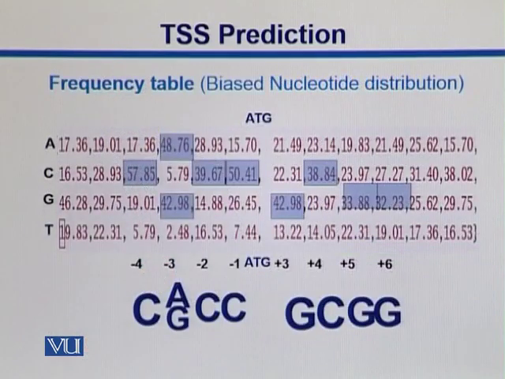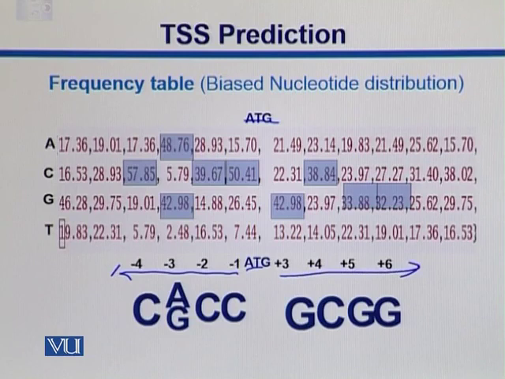Based upon the equation we have seen in the previous slide, we can come up with a frequency table of the neighbors around this ATG. We have ATG in the middle, and we have their neighbors. Before this ATG, we have numbers indicating what was before it: -1, -2, -3 and -4 locations. In the same way we have plus numbers, which indicate the positions we call downstream positions.